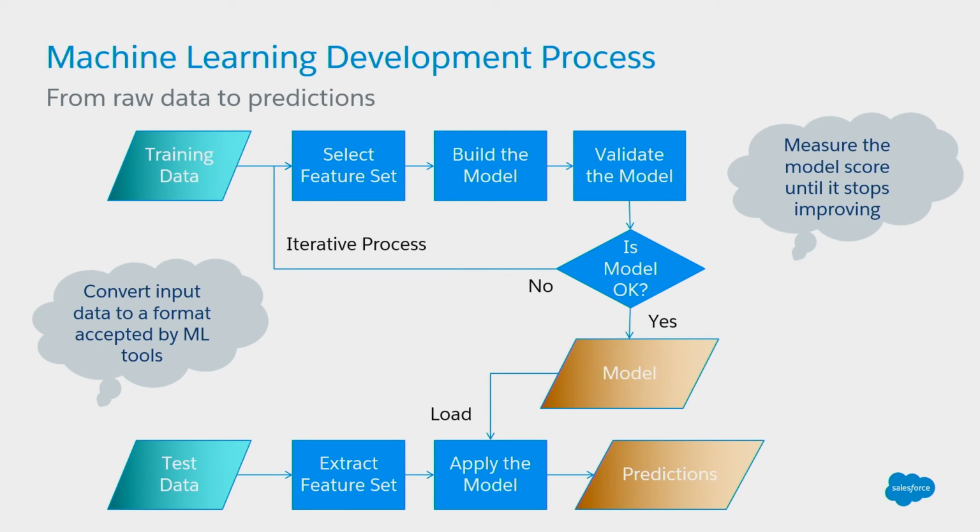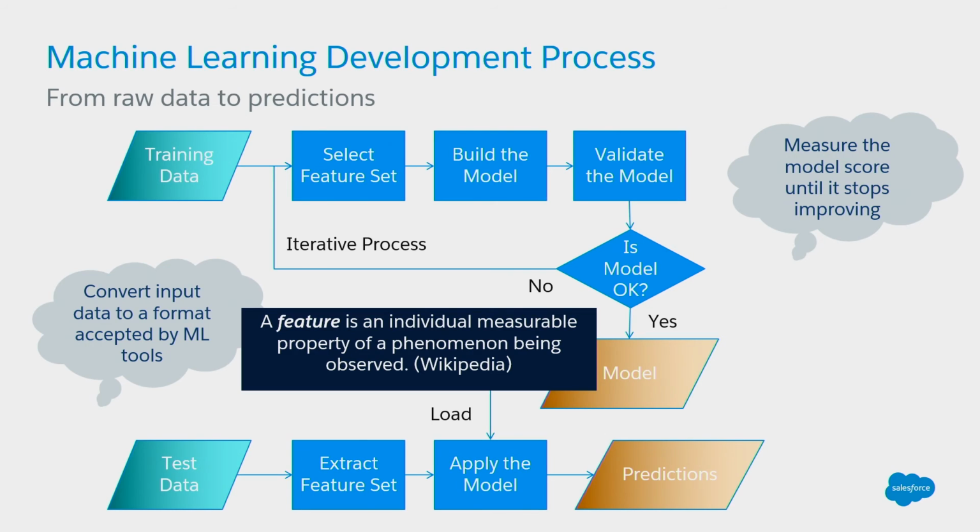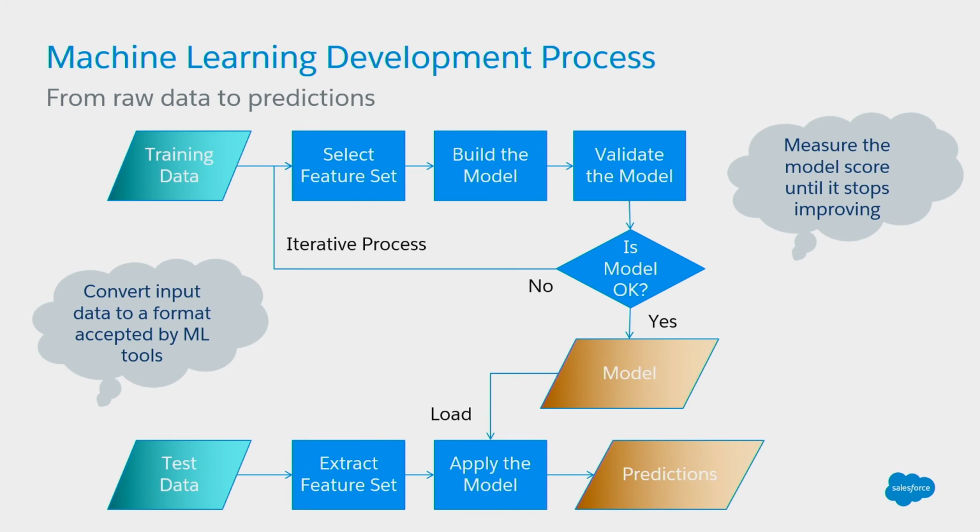This is pretty common, but very helpful when you're trying to compare different models. Again, the fundamental in machine learning is how to extract a feature set, and this is a formal definition, but it is essentially anything that you can measure about the system that you are trying to analyze.